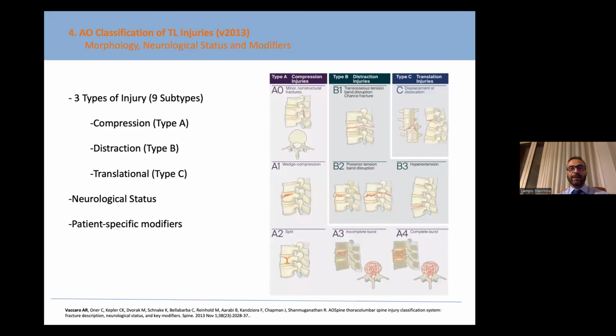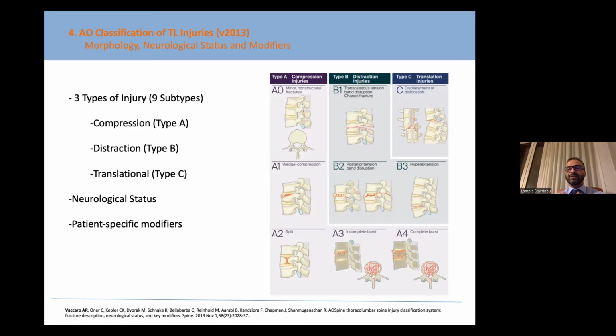So I'm gonna go straight to the AO classification of thoracolumbar injuries, and this is the latest version, the version of 2013, which is sort of a combination of the Magerl and Dennis classification systems.